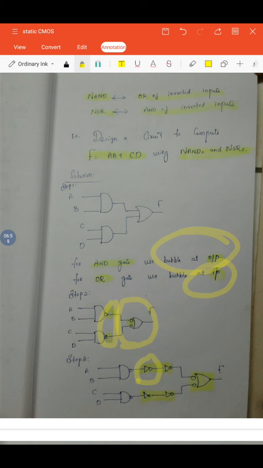And at the input of the OR gate there is a bubble, so I have to put an inverter at the input side of this OR gate. Similarly in the lower path, the output of the AND gate will get a NOT gate, and for the input bubble of the OR gate, I have to put another NOT gate. I think you noticed this.